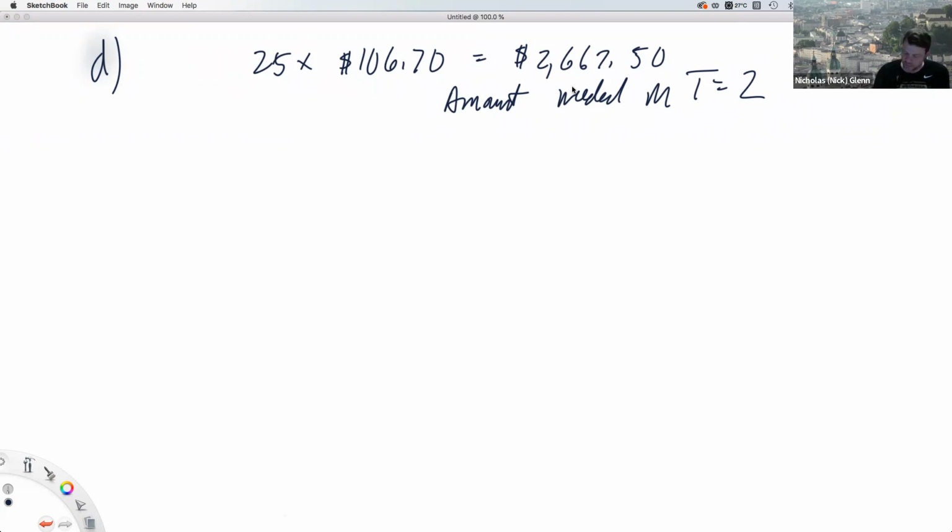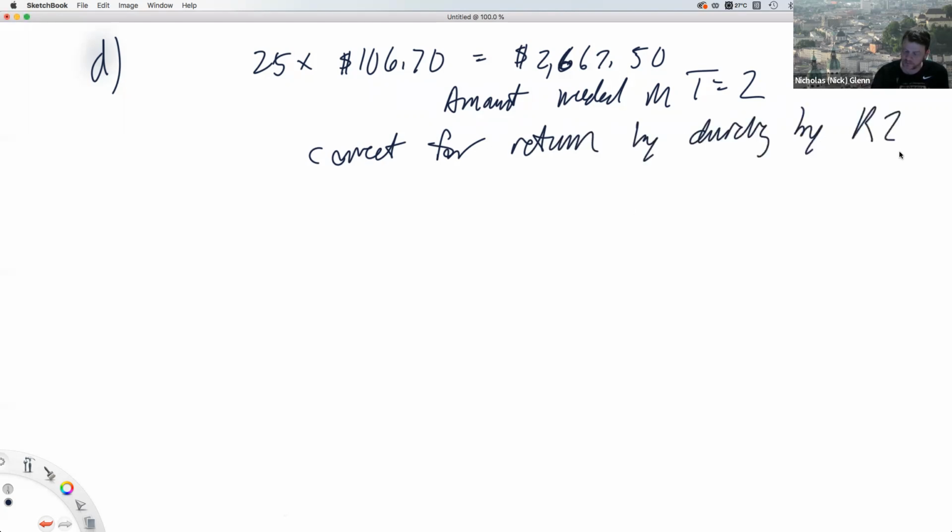All right, now you don't need to have quite this much money left over when you're leaving time period 1, once you pay out all your early withdrawals. That's because the money that's left over is going to earn something. It's going to be put in this investment, fully mature, and get a return. So we want to correct for return by dividing by R2.